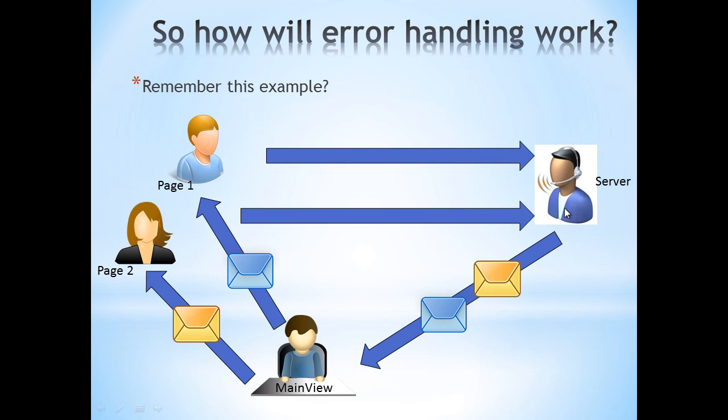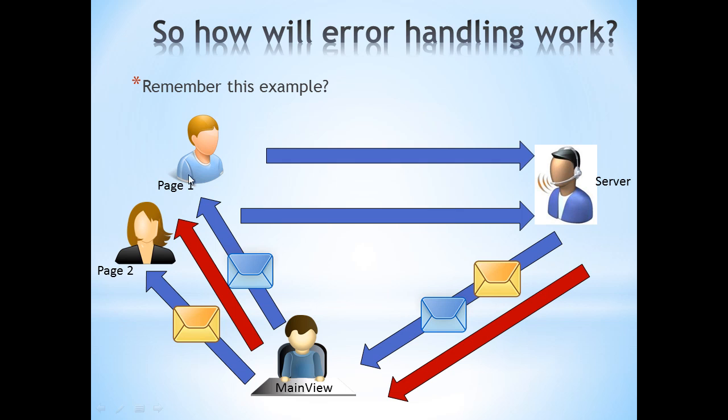So in this case, say page 1 and page 2, or either one of them, have sent some request for information or some form input to the server, and something went wrong. An error message is returned to the client, as all information comes in at the main view, and the main view will just send it to whatever page is open. In this case it is page 1, and page 1 will then display the error message.